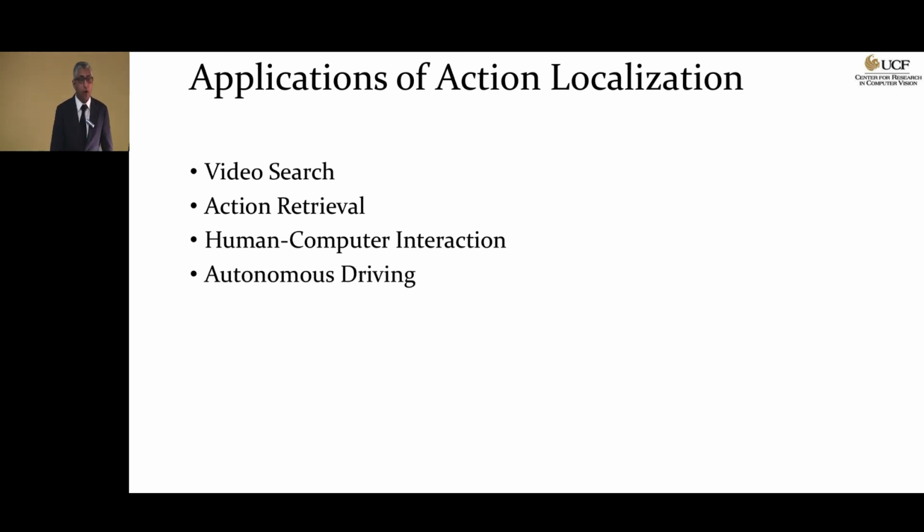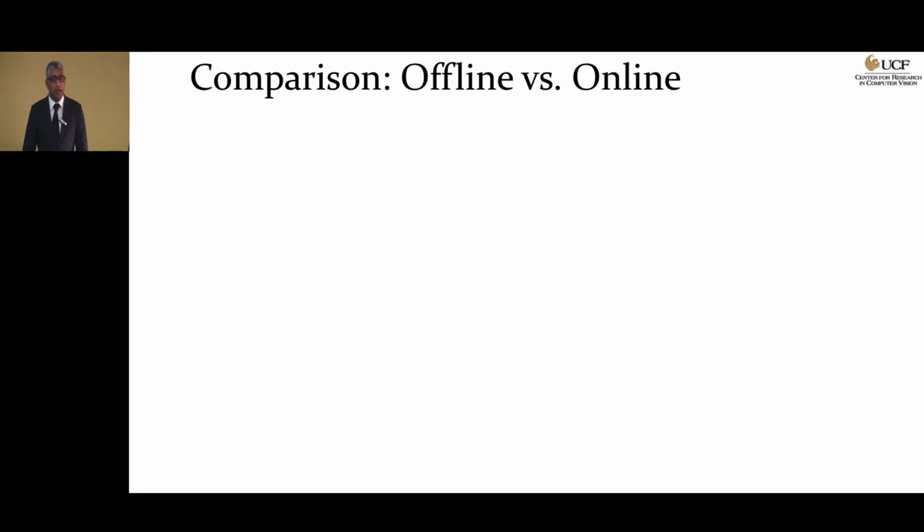You can also use it for autonomous driving, where a car can automatically detect what a pedestrian is doing, whether walking or running, and then take necessary precautions based on that. Lastly, it can also be used for general video understanding, for video captioning and so on.